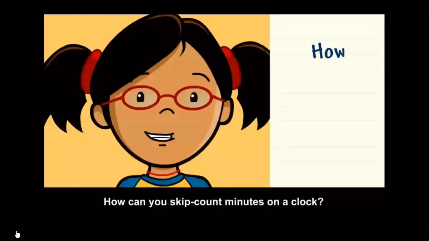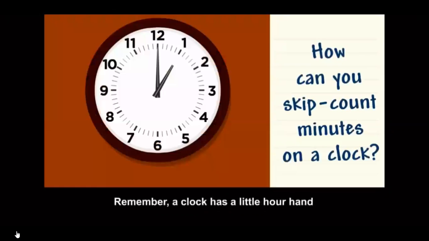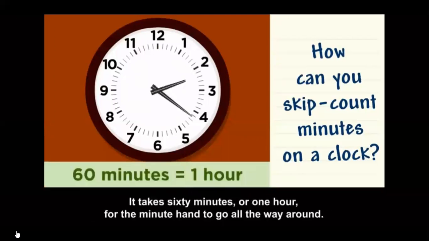How can you skip count minutes on a clock? Remember, a clock has a little hour hand and a longer minute hand. As the minute hand goes around, the hour hand moves from one number to the next. It takes 60 minutes, or 1 hour, for the minute hand to go all the way around.